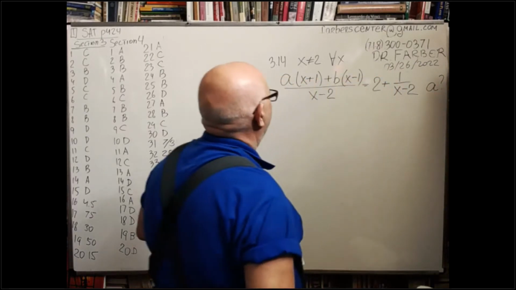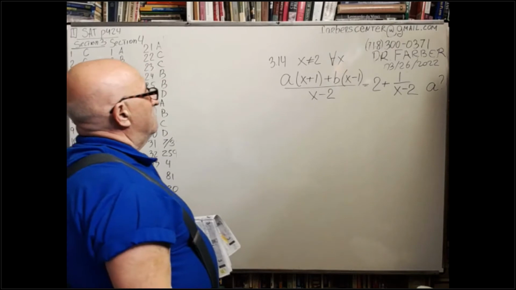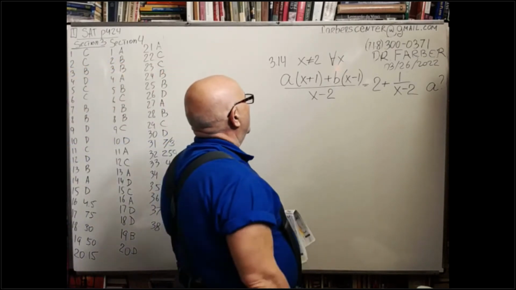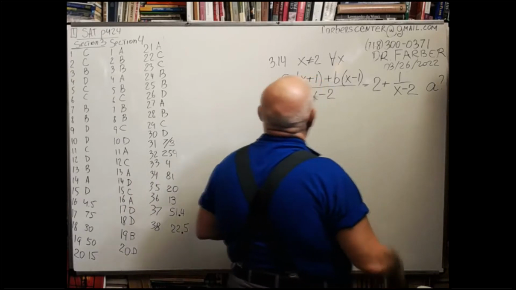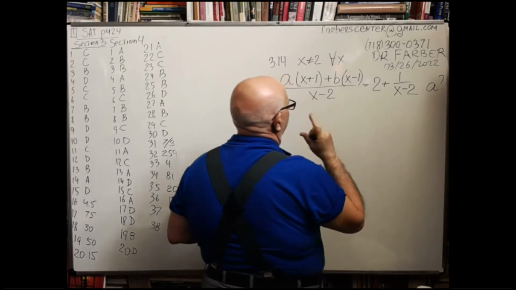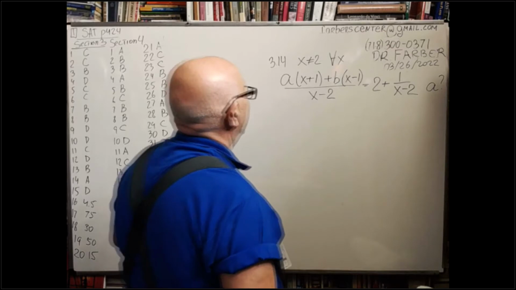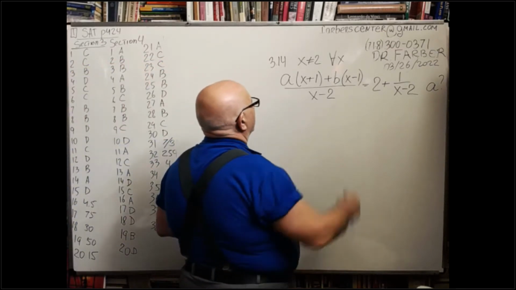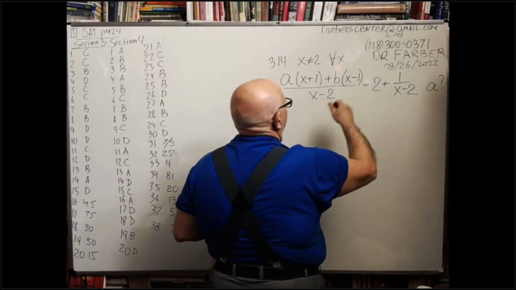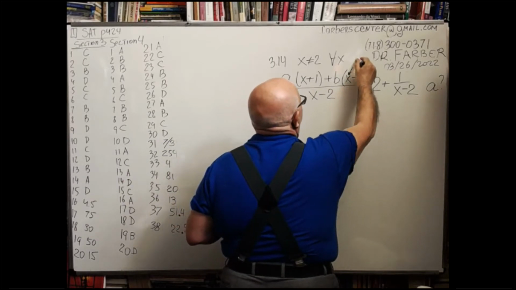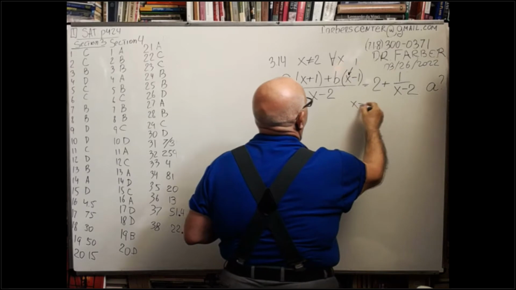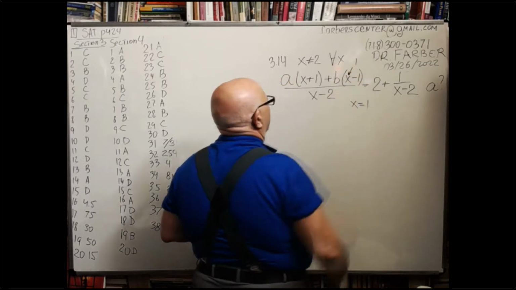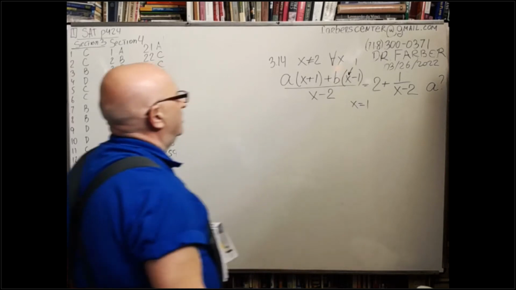Well, look at this. Since it works for any x, and we have two variables, a and b, we don't need b, we need only a. So I will choose x equals 1, because it can be any x. If I use x equals 1, this value would be 0, and we kill b.